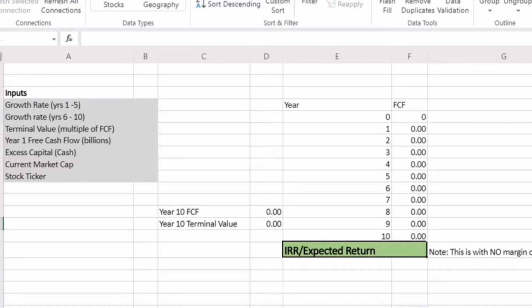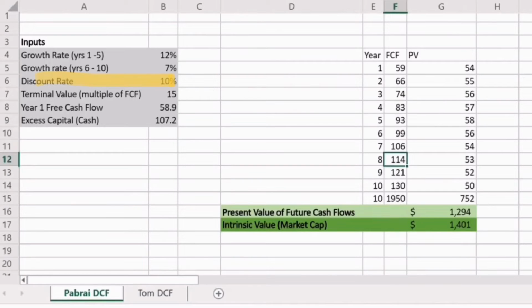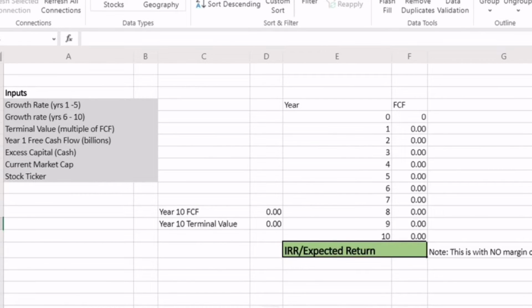And one of the things that you have to do in a discounted cash flow is put in a discount rate, which is essentially your expected rate of return, or what kind of rate of return you want to make. So in the previous video, the example that we used was 10%. So if we want to make a 10% return, then the formulas in the spreadsheet will calculate the price that we would have to pay, assuming all our growth rate assumptions and everything are right.